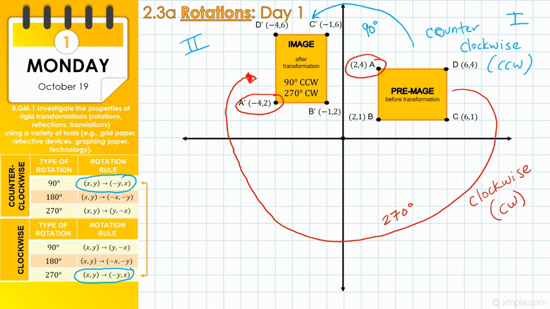So if we're moving image A in a rotation of 270 degrees clockwise, A starts at 2, 4, and the rule says X and Y for A prime, they switch locations. So 2, 4 becomes 4, 2.